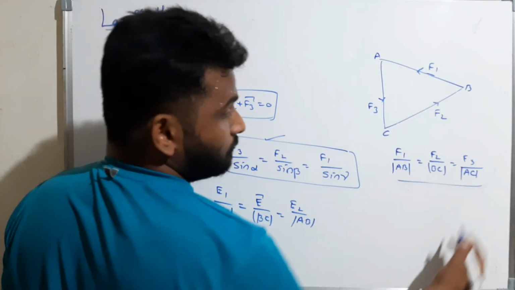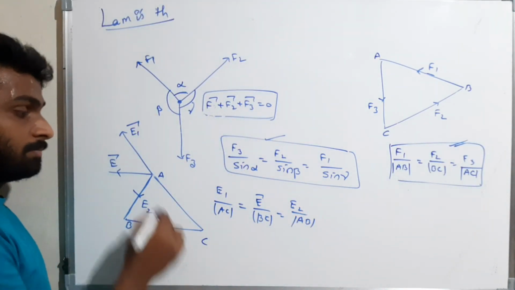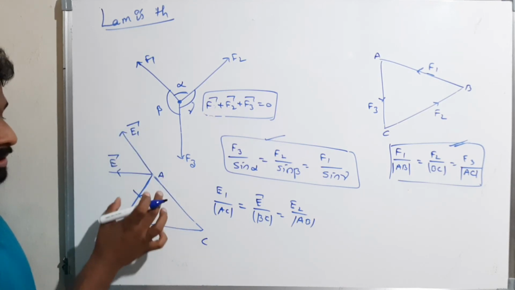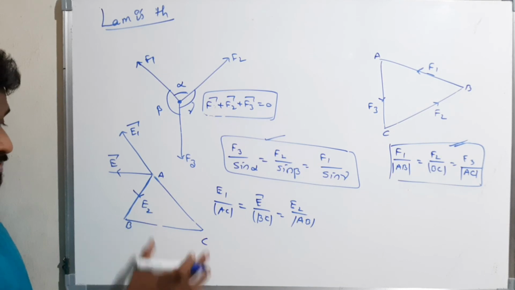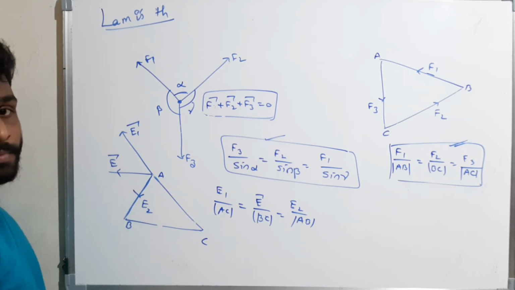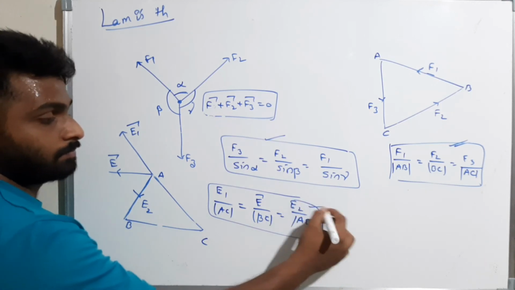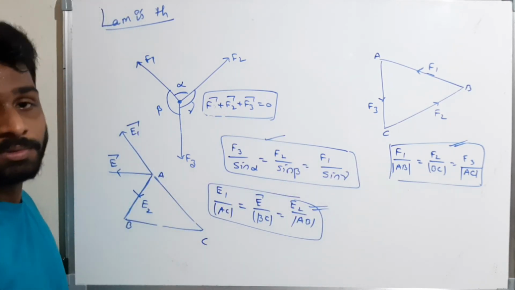All these three are equal. Or I can use one more formula: E1 by AC, E2 by AB, and E by BC. This is also one more formula. I can use any of these for solving the problems.